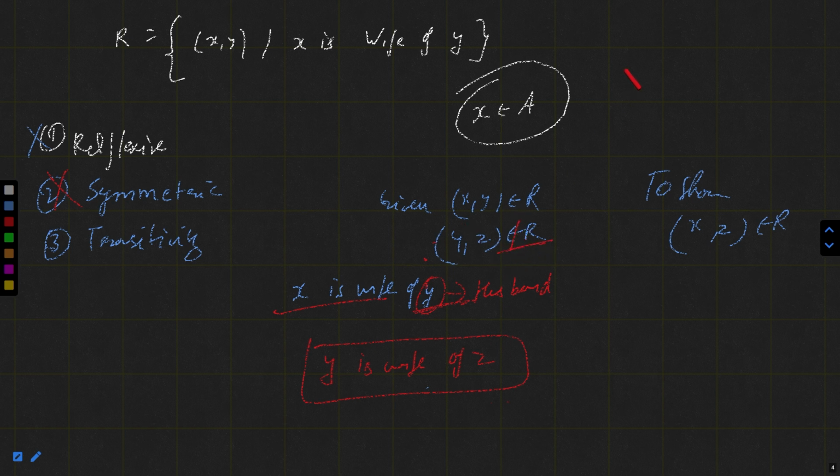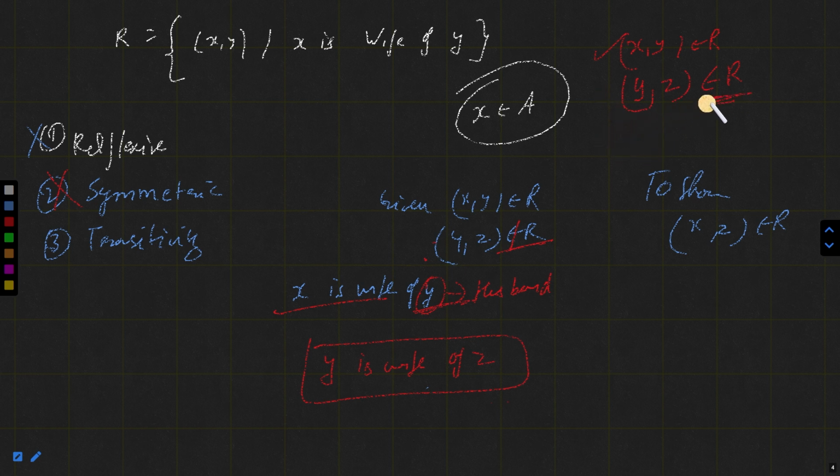We already saw something like this: (x, y) belongs to R but we don't have (y, z) belonging to R. That is, the first is going to happen but the second is not. In such cases we say that it is transitive.